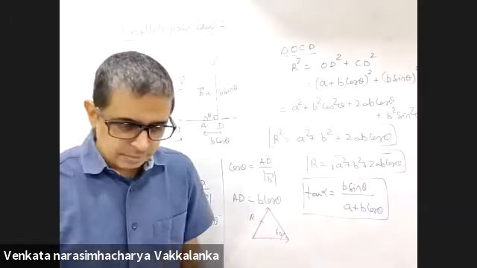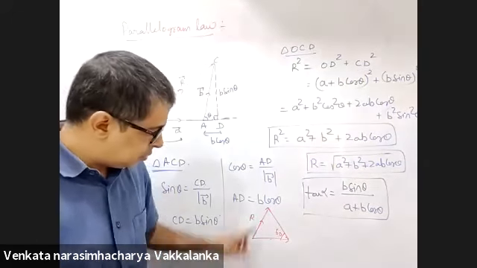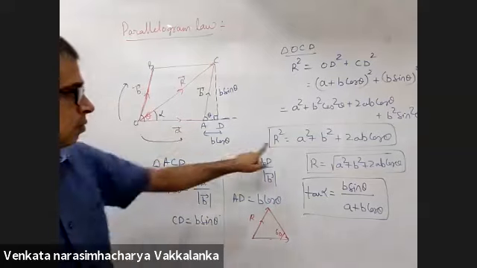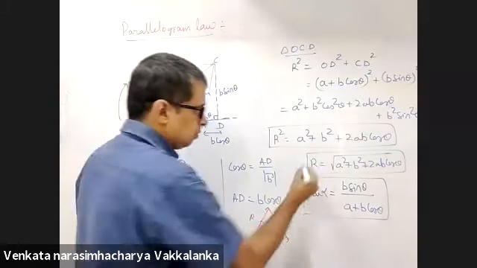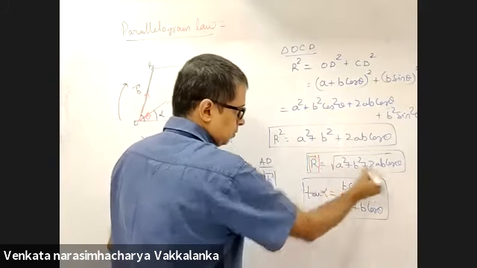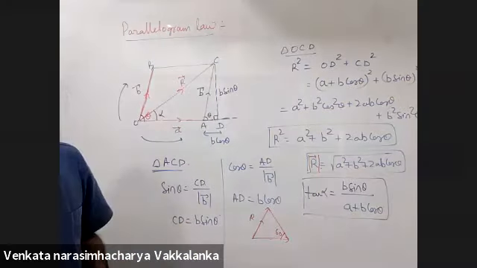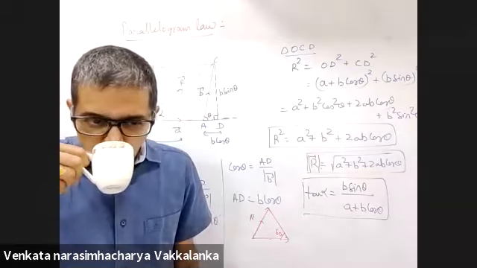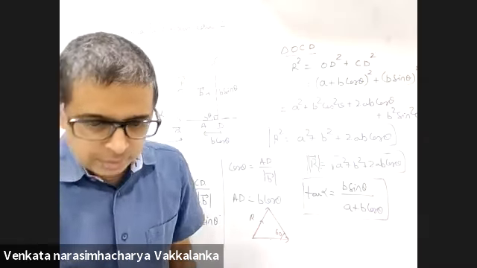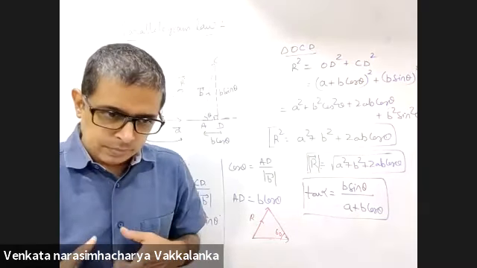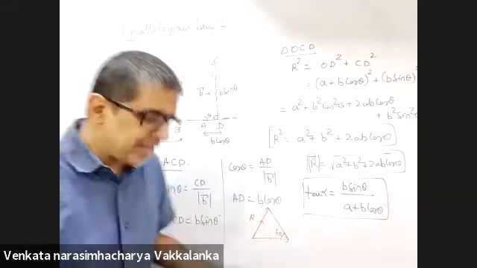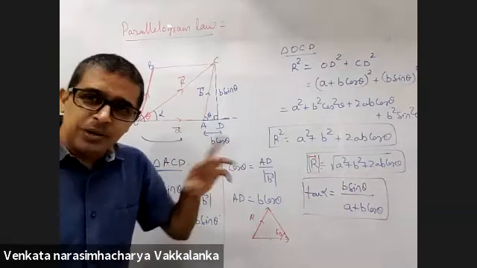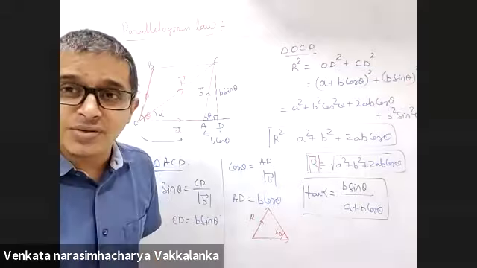If we have to find the magnitude in parallelogram law, it is root over of a square plus b square plus 2ab cos theta. Sir, can this formula also be used for triangle of addition? This is nothing but triangle law of addition. Why are you playing with the legalities of words?